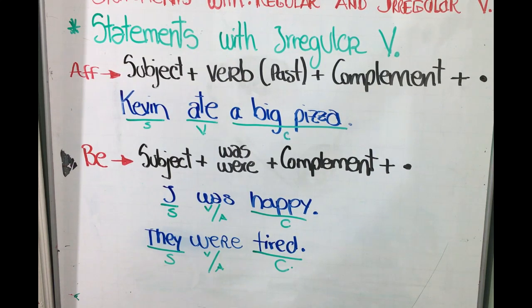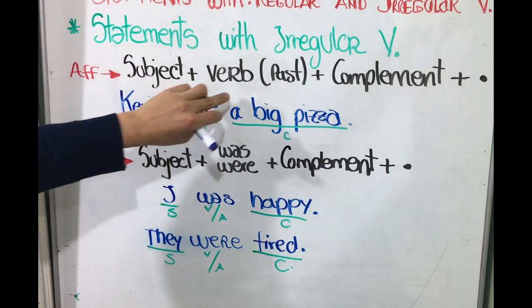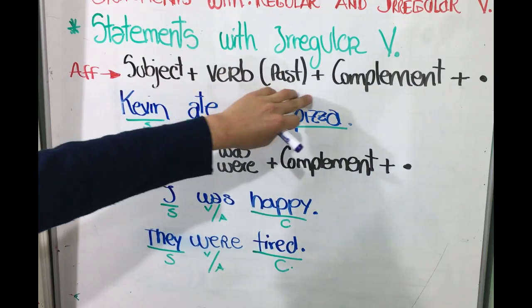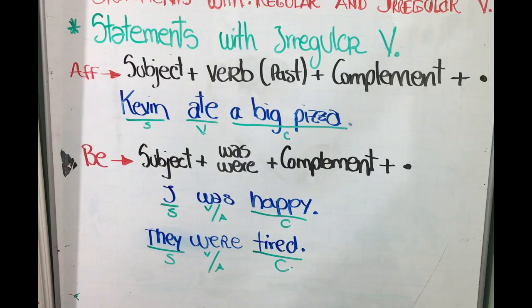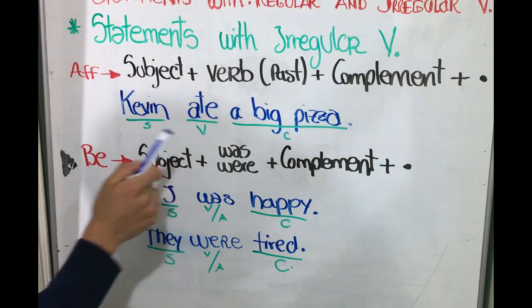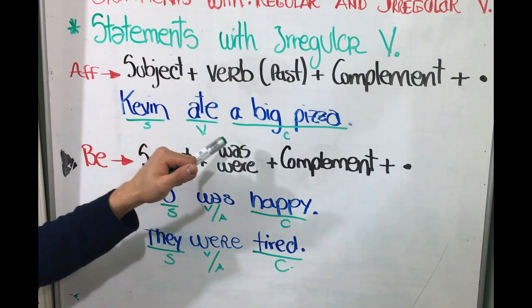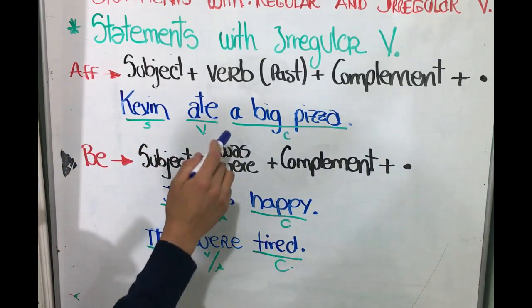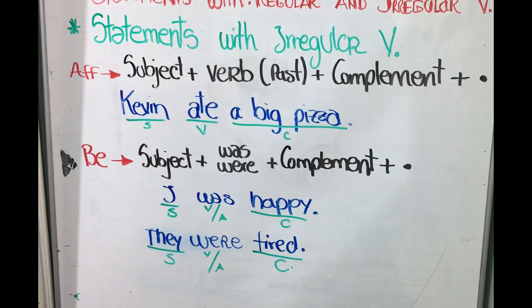To make an affirmative statement, we need this structure: subject, plus verb in the past, plus complement, plus period. For example, we have: Kevin ate a big pizza. Kevin is the subject, ate is the verb in the past of eat, and a big pizza is the complement.